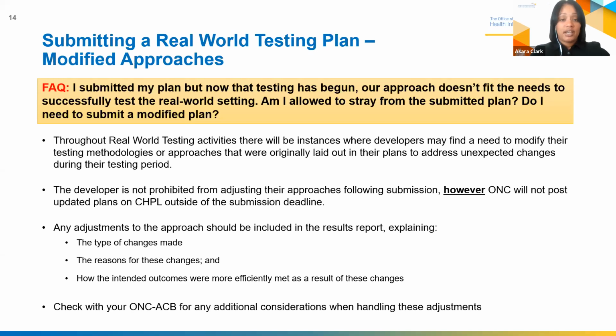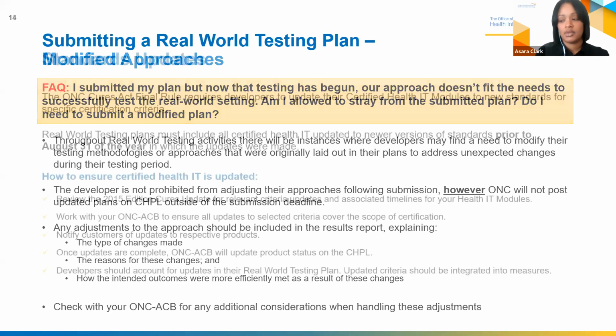So this is a fully transparent process where you can literally just completely be open about how you're addressing real world testing and how you're going about approaching demonstrating conformity when your product is being used in a production environment. So just check with your ACB on any other additional considerations for handling these types of adjustments. They may have some other ways in which you can work together and make sure that this is a very, very clear adjustment to your approach and that it's accurately reflected in your results reports.